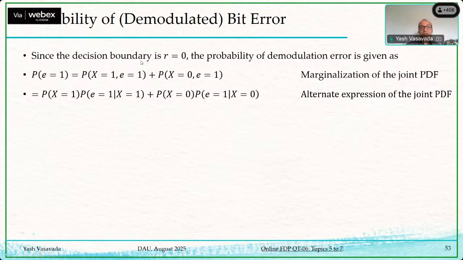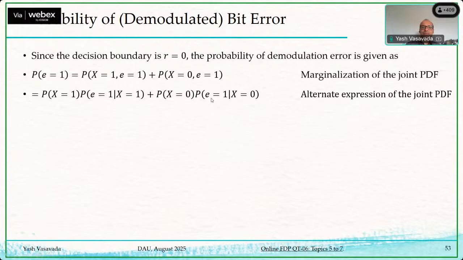Because the decision boundary is r equal to 0, and we have said that all the positive values of r are going to be detected as x equal to 1. What does it mean? The error will be made only when r is negative. Correct? Yeah. As Himani Kaushal correctly said.